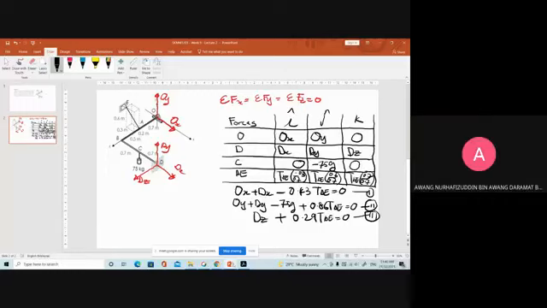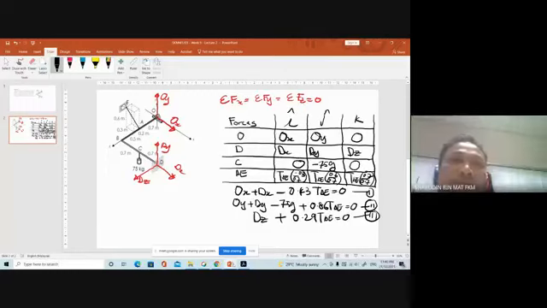At point D. All right, very good. Summation of moment at point D is equal to 0.